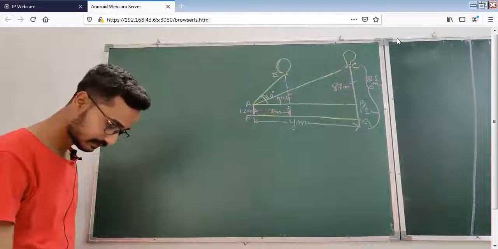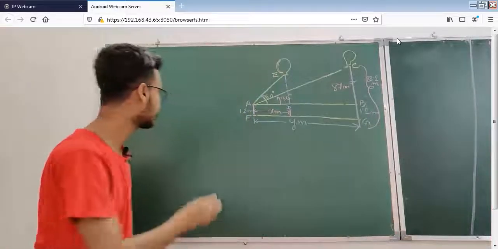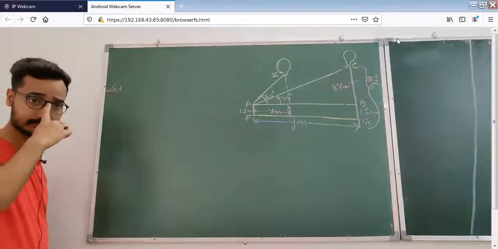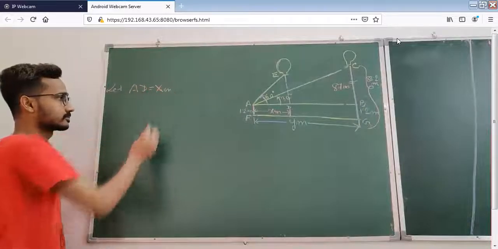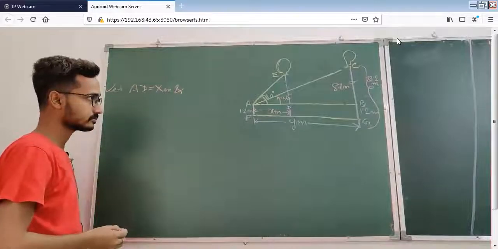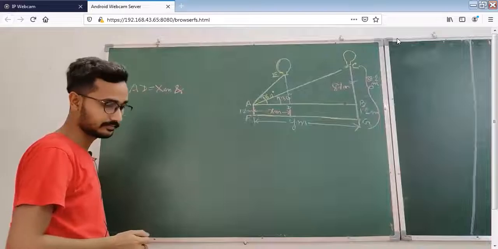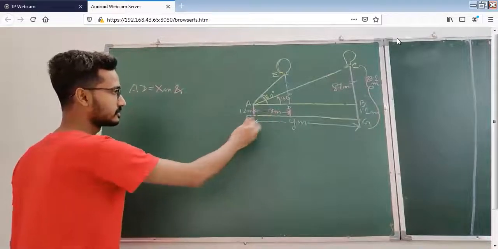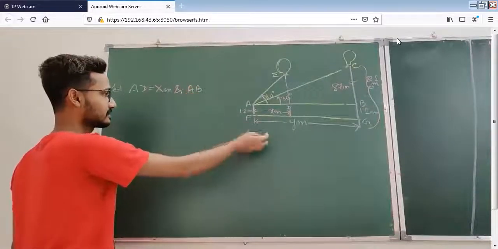If you let AD equal to X meter, write down: let AD equal to X meter, and your AB equal to FG, because AB and FG are the same.